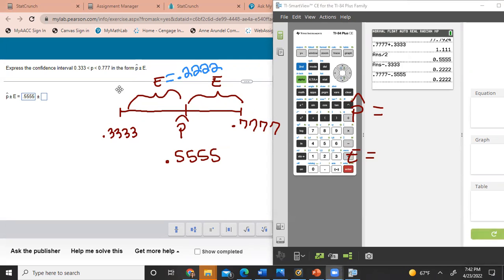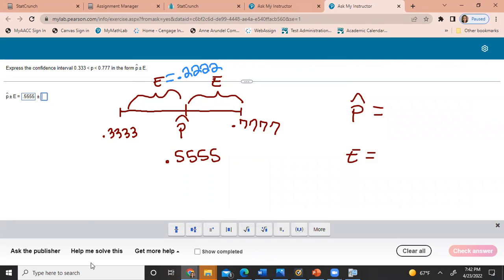However you want to get that last part is up to you. You can either take that sample proportion in the middle and subtract away the lower end, or you could take the upper end and subtract away the sample proportion. Either way, you're going to get there in the long run.